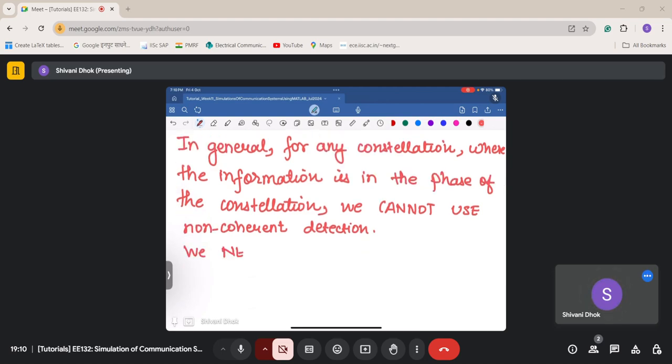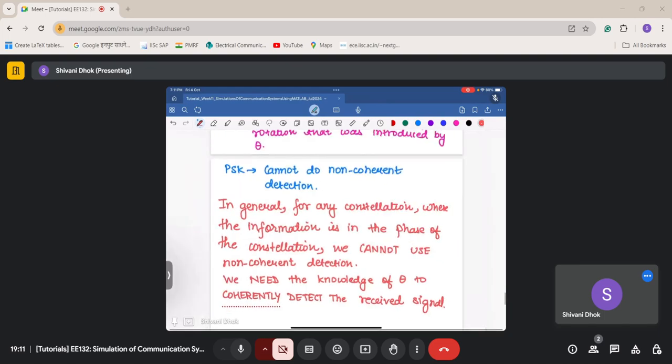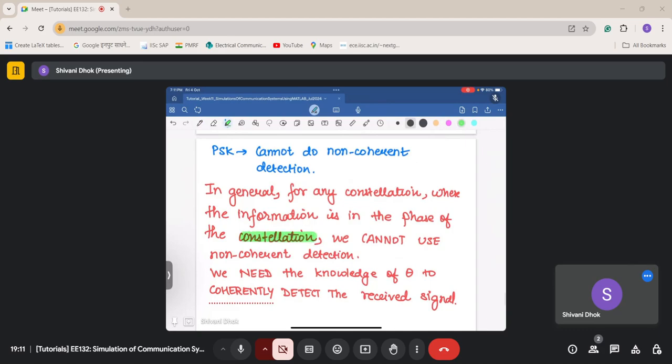We need the knowledge of theta to coherently detect the received signal. Is it clear? Any questions?